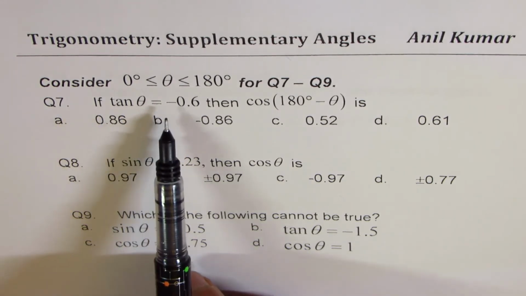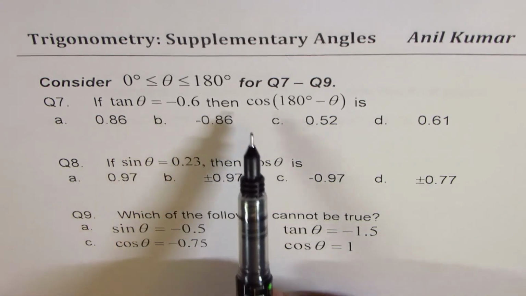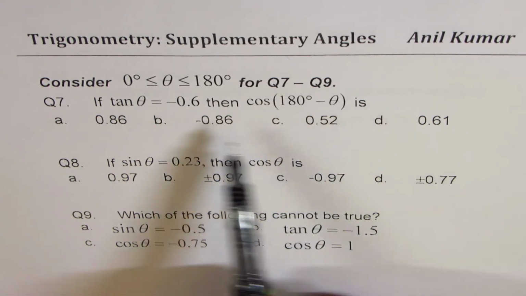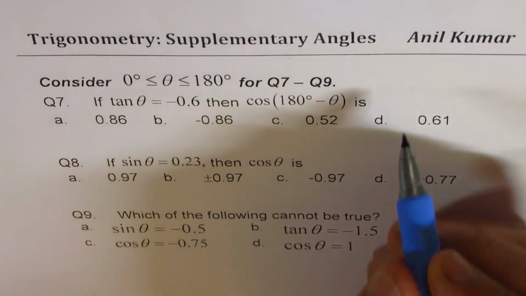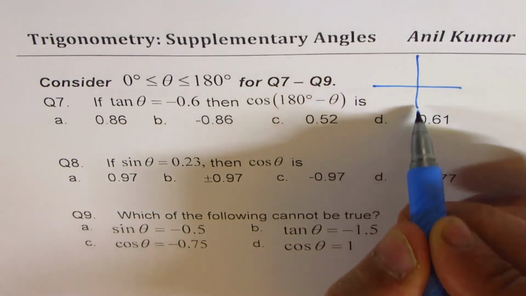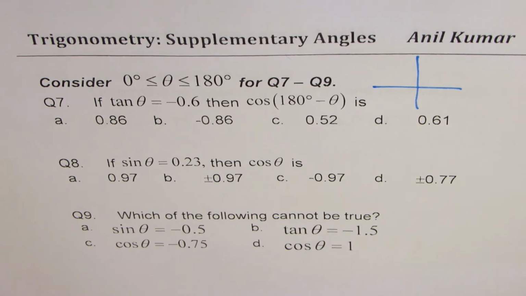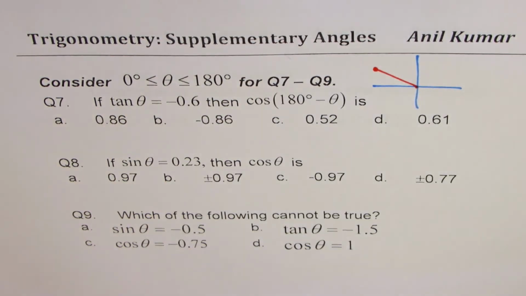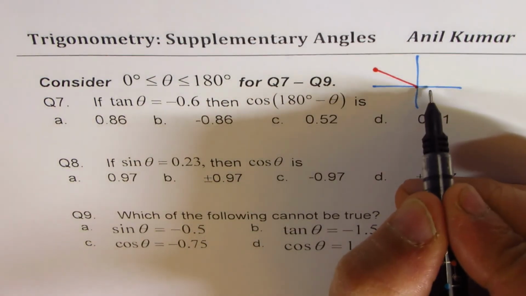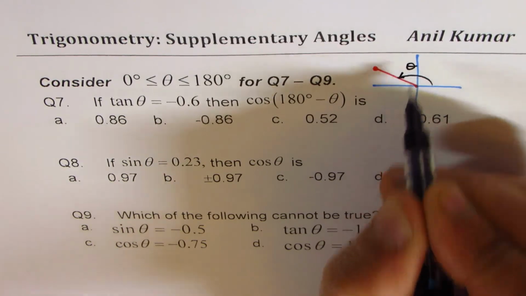If tan theta equals minus 0.6, then cos 180 minus theta is what? So if you're given tan theta as a negative value, then we're talking about the point being in quadrant 2, right? So in quadrant 2, tan is negative. We're talking about this point. Angle theta is the obtuse angle.